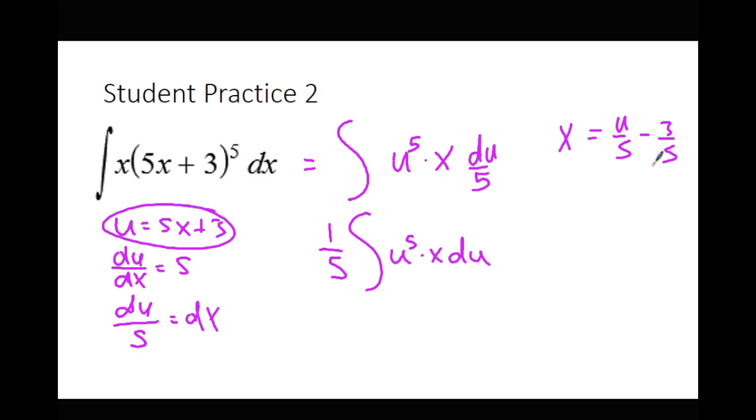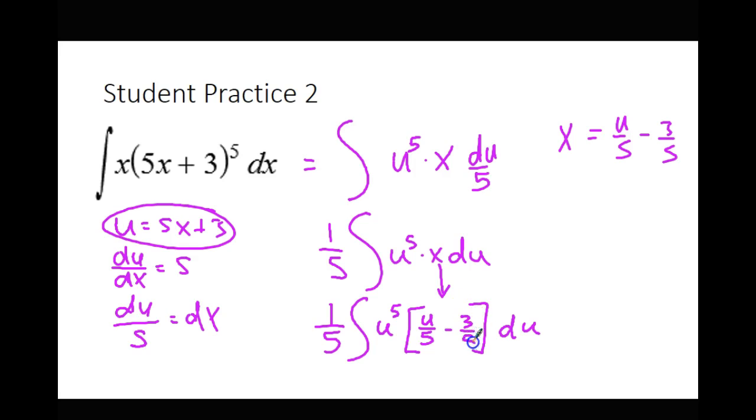Okay. And what do we do with this u over 5 minus 3 over 5, you guys? Anybody? This looks like the same problem we just did. Is this right, you guys?